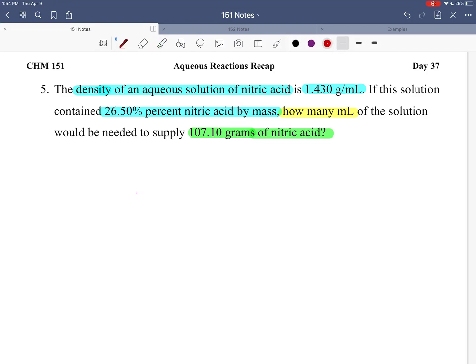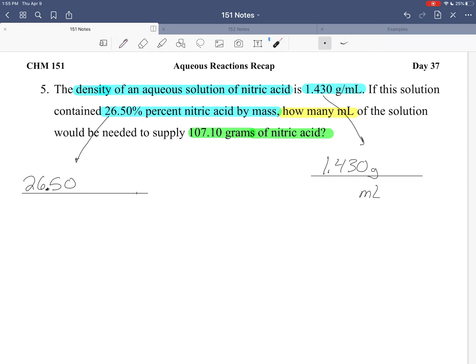Well, let's see here. I think it's a good idea, personally, for us to write down these units. So the problem gives me 26.50% and 1.430 grams per milliliter. Let's complete these units. The mass percent, so it's 26.5% nitric acid by mass.